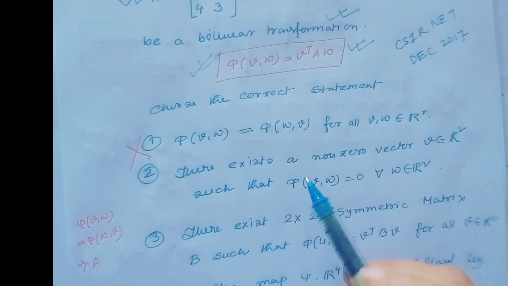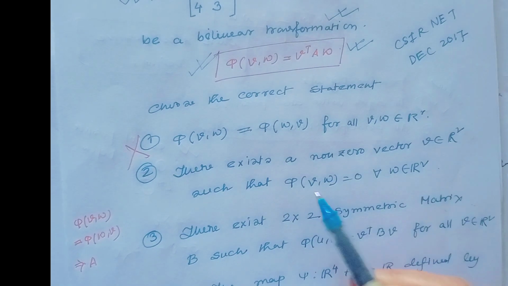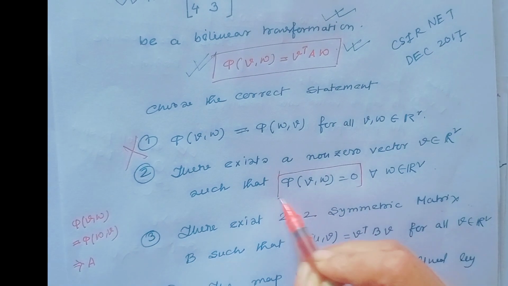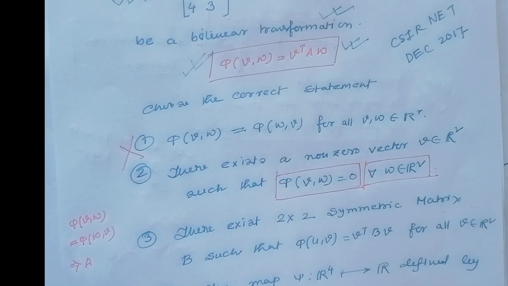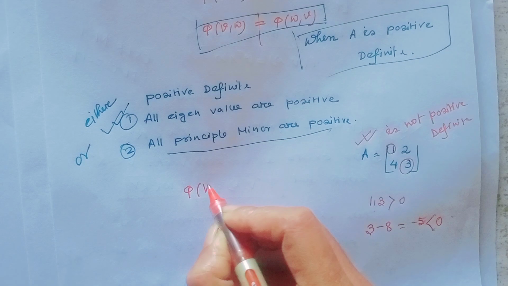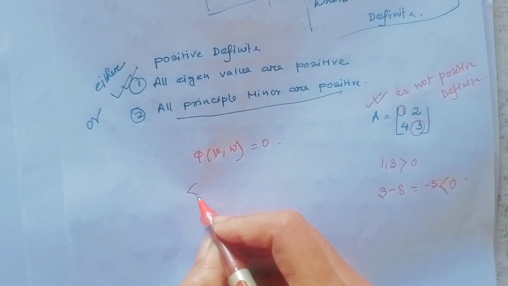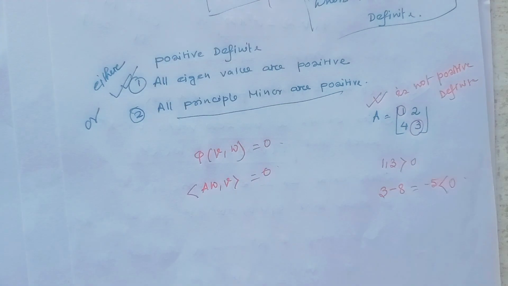Next option: there exists a non-zero vector v belonging to R2 such that phi(v, w) equals 0 for all w belonging to R2. Is it true? Phi(v, w) equal to 0 means the inner product of Aw with v equals 0.